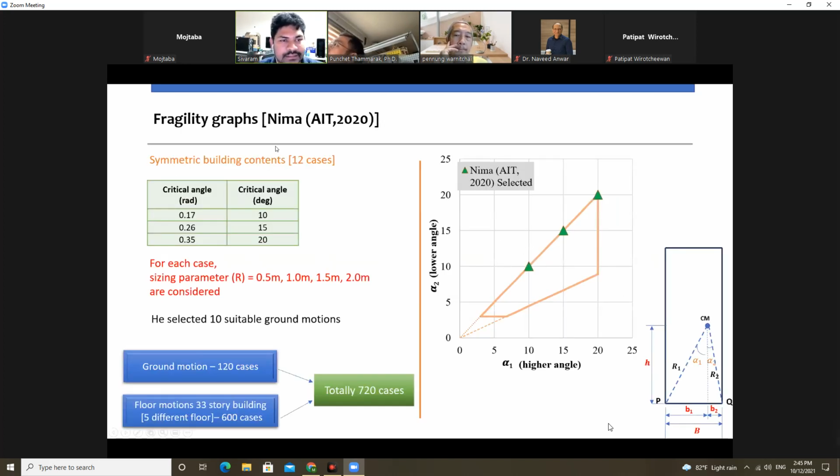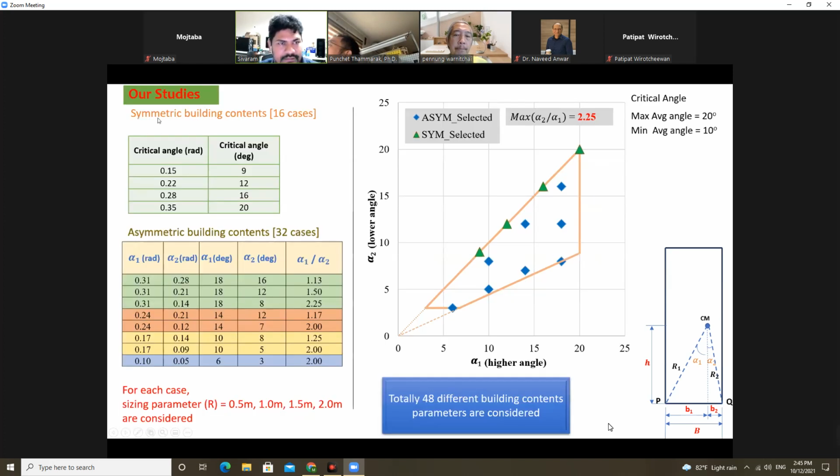This one is from last year's study. Last year, the senior only considered three symmetrical specimens, only 10 degrees, 15 degrees and 20 degrees. But in our case, we consider asymmetrical specimens also.